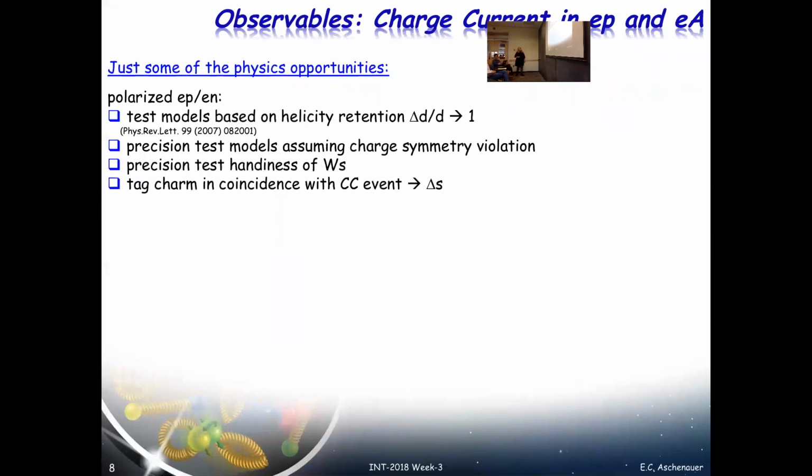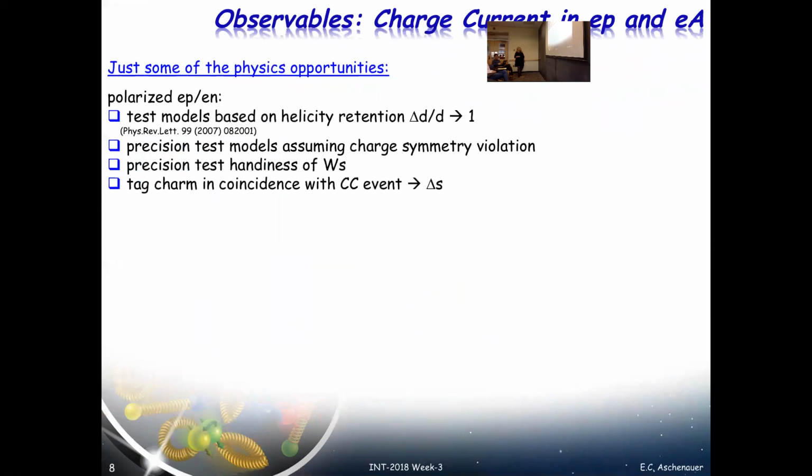Okay, so the opportunities: we can test the models on helicity retention, so whether delta d goes to 1, and charge symmetry violation. We can do a precision test on handedness, which HERA also did, measuring charged current cross sections as a function of the polarization.